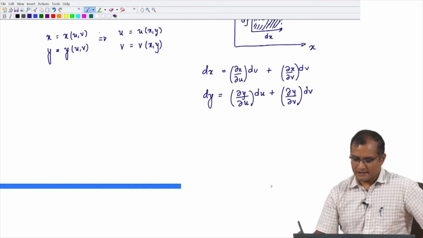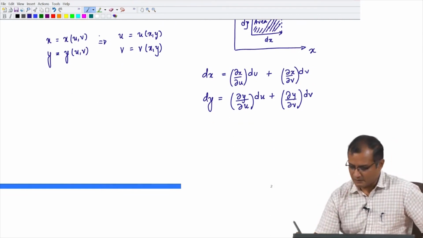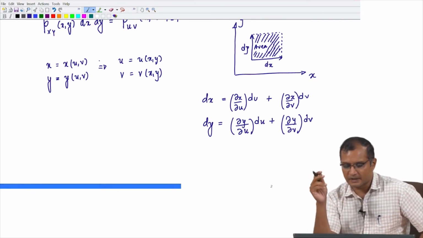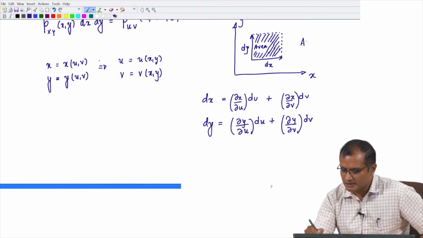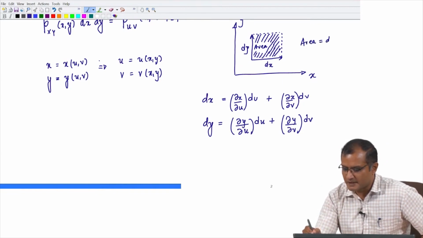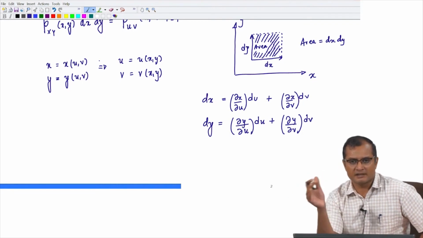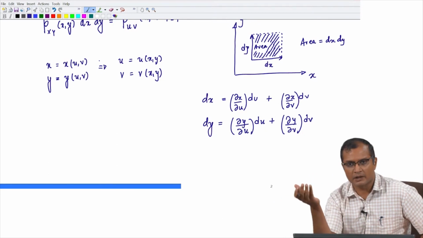So, now you can see that dx and dy were displacements in the x, y plane, and that gave me this small area element dx dy. So, the area element here is basically dx dy. You simply obtain it by the cross product of dx and dy, but because dx and dy are orthogonal to each other, the cross product is just the magnitude dx times dy.